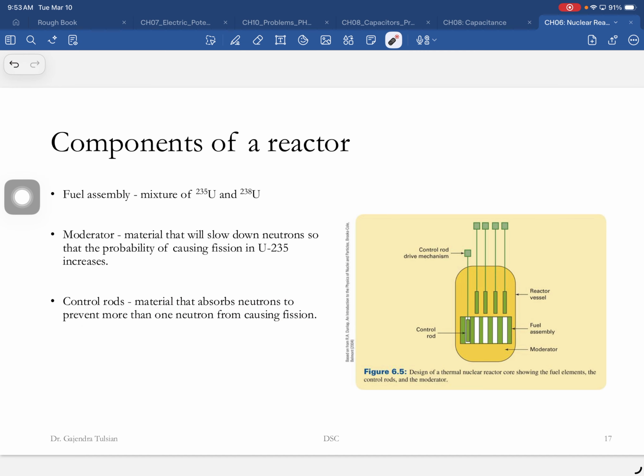Okay? So here is the setup of a nuclear reactor. There are the fuel rods. Here are control rods. So there are slots between fuel. Again, this is one configuration. There are other configurations. If you want to shut down the nuclear reactor, just drop the control rods.